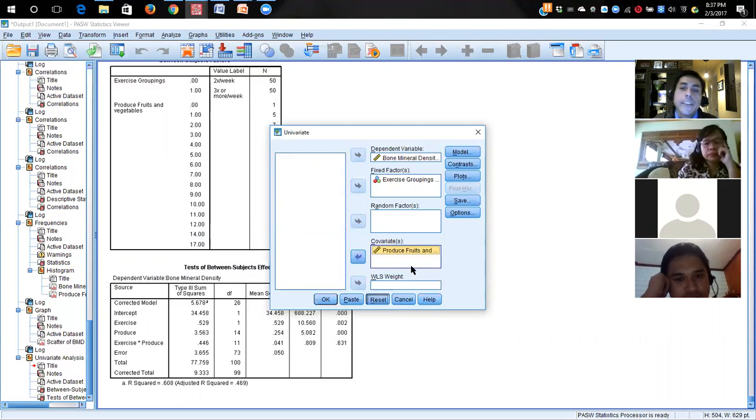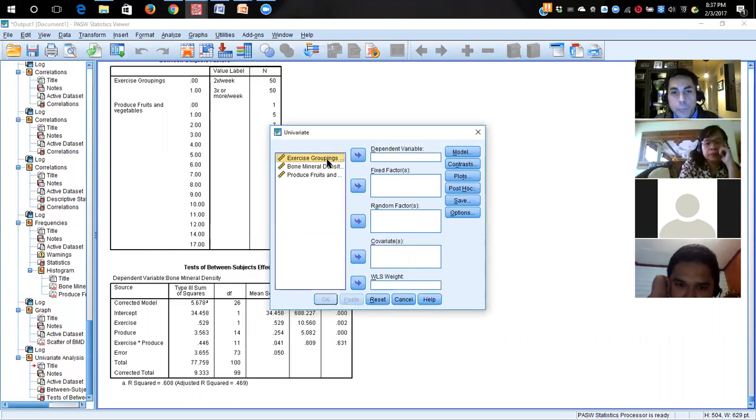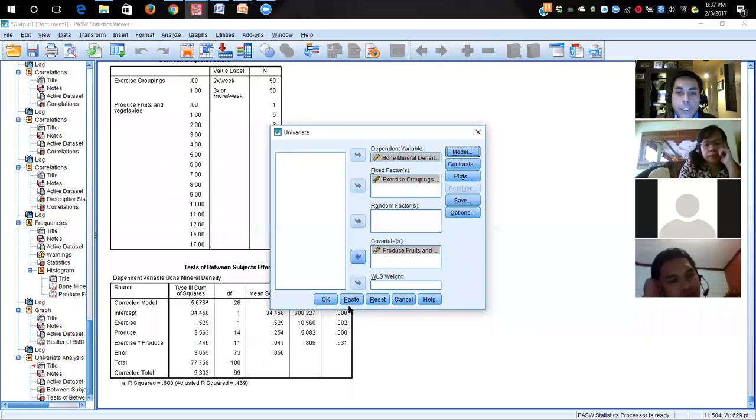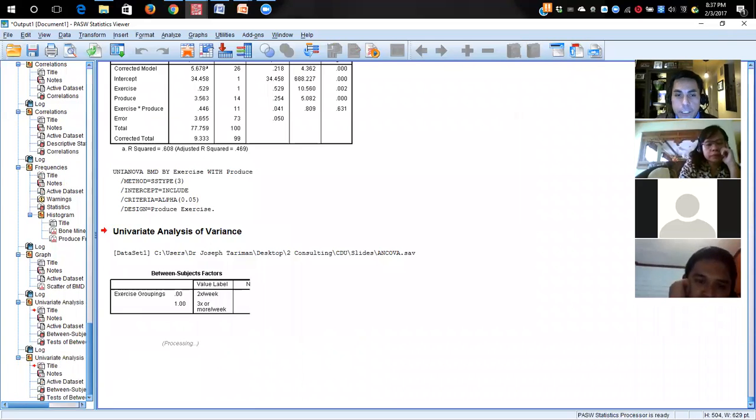let me reset this one. Dependent variables exercise. No, wrong. That's not correct. Our bone mineral density is the dependent variable. Our exercise grouping is the fixed factor, and our covariate is this. And we plug in the model, and again, full factorial. And we say, okay. And we want to see how does that look.